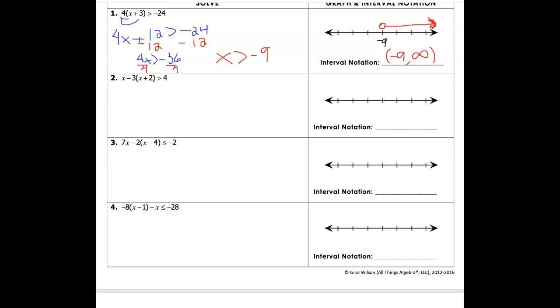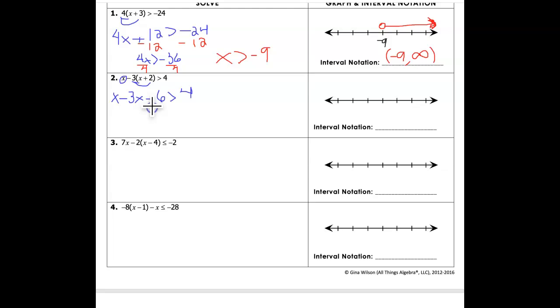All right, we'll look at number 2, same idea. So we start by distributing the negative 3. So this first x, we're not doing anything with it. We just have x minus 3x, and then negative 3 times 2 will give us minus 6 is greater than 4.